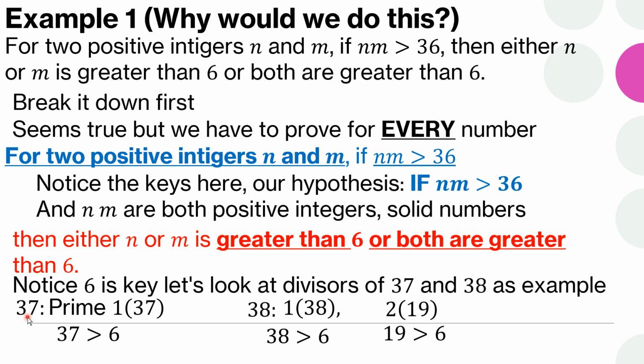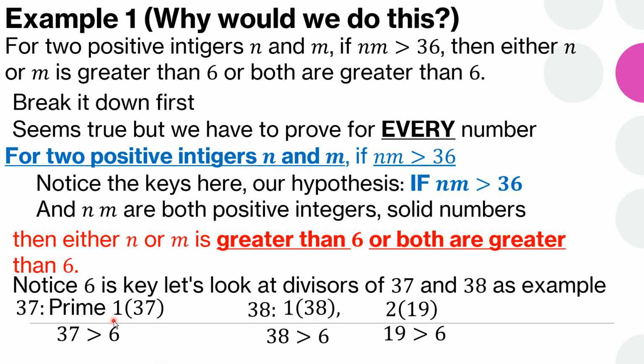Notice that we just looked at 37 and 38. We can look at 39, 40, 41, 42, 43, and so on. We can look at all those numbers, but we have to prove that this works for every single number.